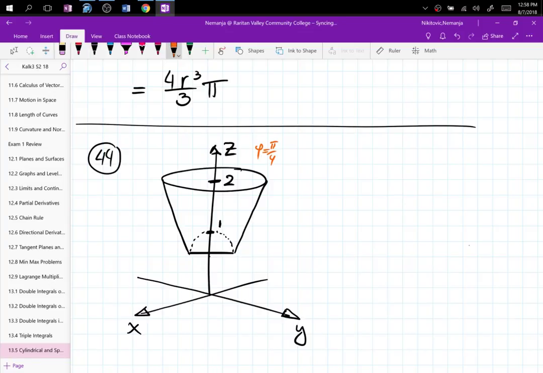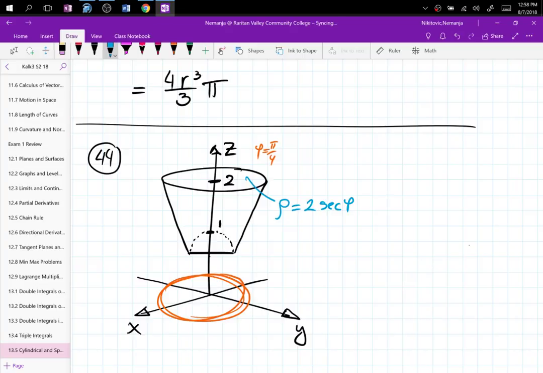Shadow is a circle on the bottom. We see the flat plane on top. Let's do that blue. Flat plane on top is rho equals 2 secant phi.